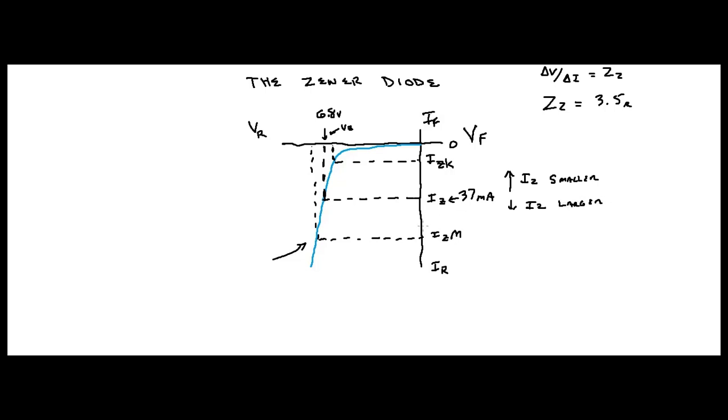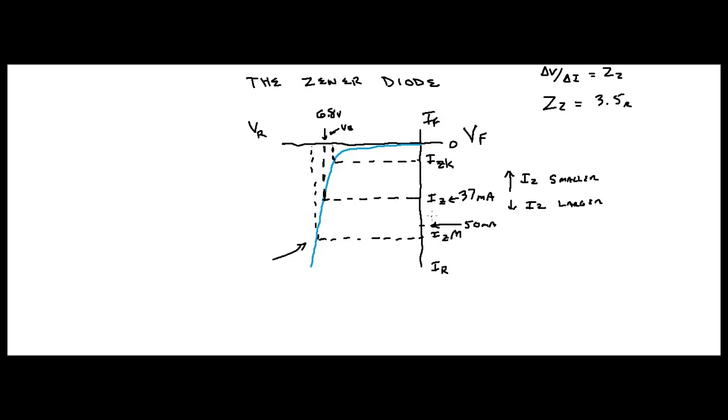Remember, IZM is the maximum Zener current it can handle. So let's suppose that the 50 milliamps is right here. This is your 50 milliamps. Right there.